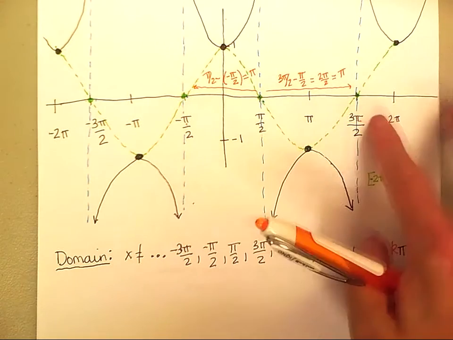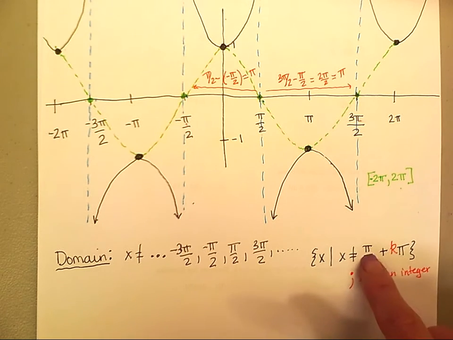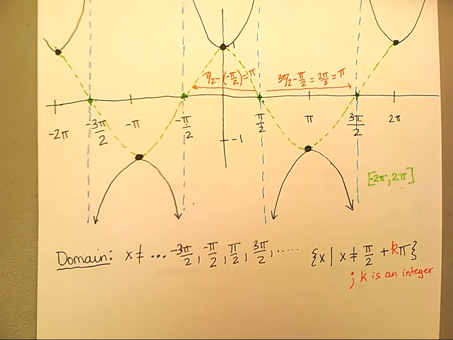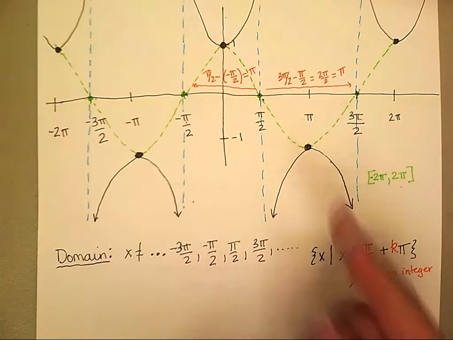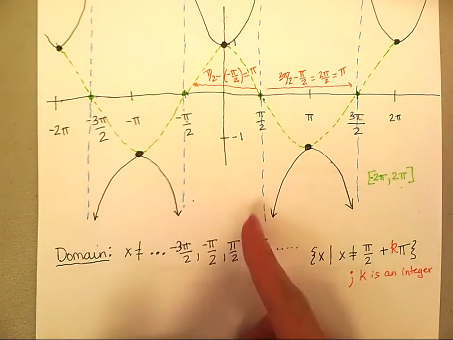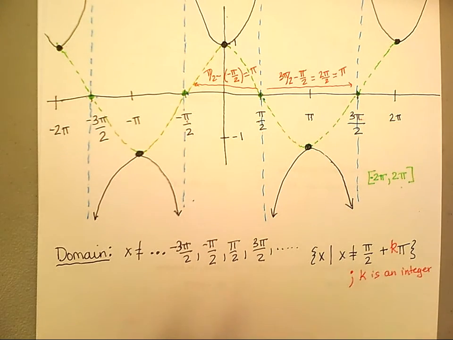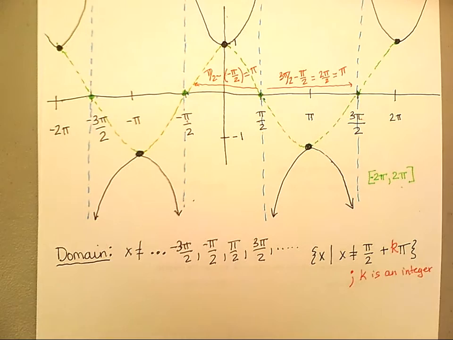If k is positive, we'll be able to continue going in the positive direction. If k is, say, negative 3, we'd get pi over 2 minus 3 pi, and we'd be headed in the negative direction. So the domain of secant is this. You take your first asymptote, look at the distance, and determine the multiple. So that's a much more succinct way of saying this.